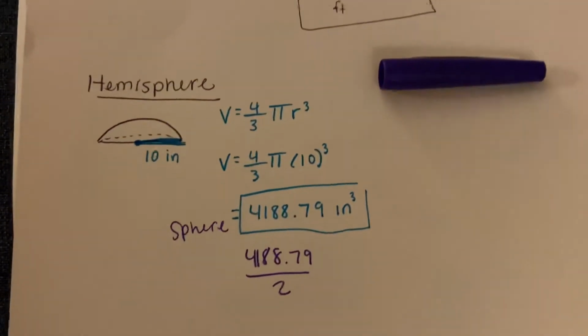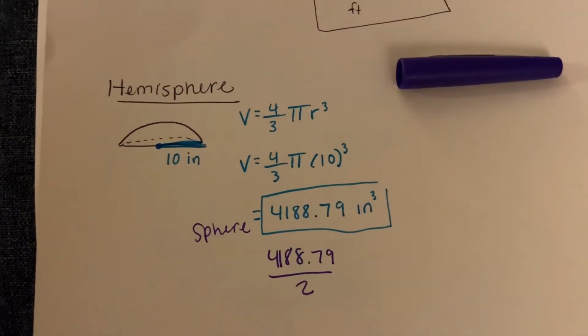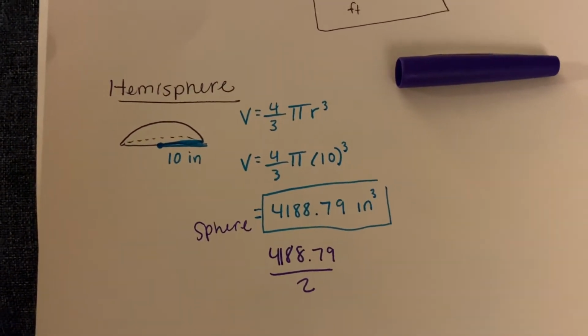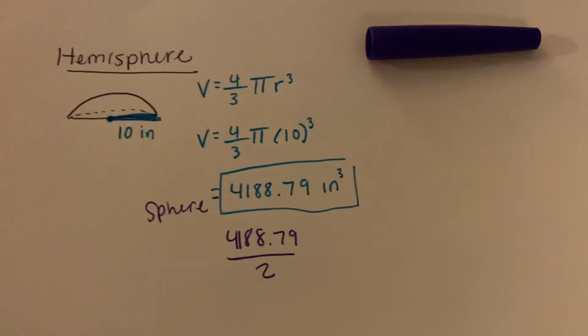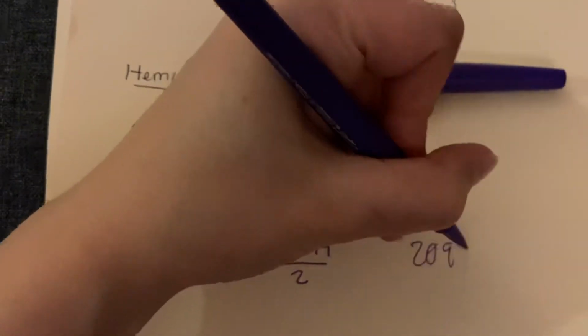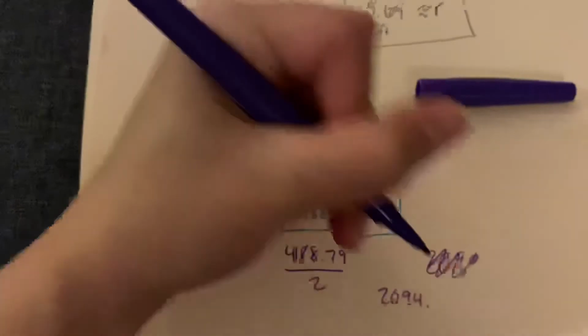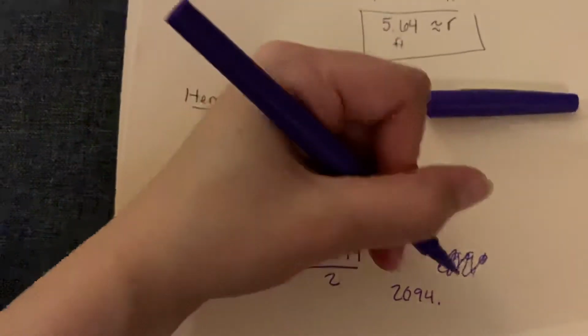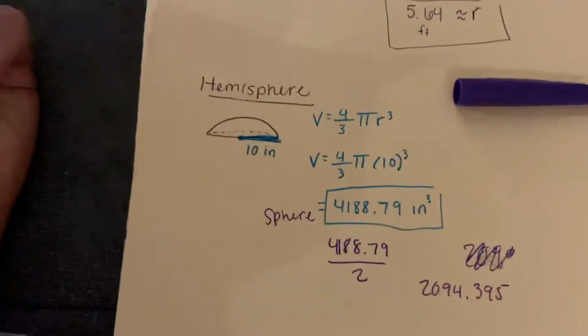And then when you do that, you get 4188.79 divided by 2. You end up getting 2094.395.